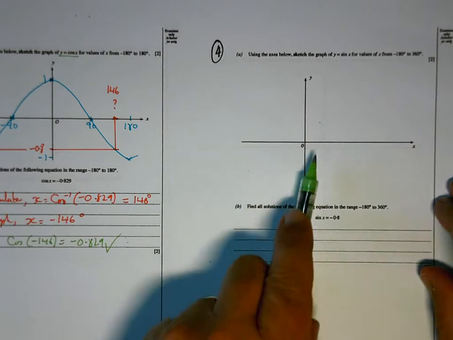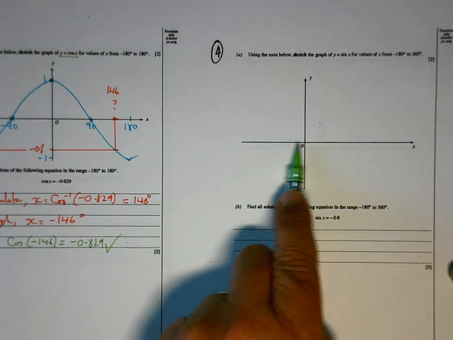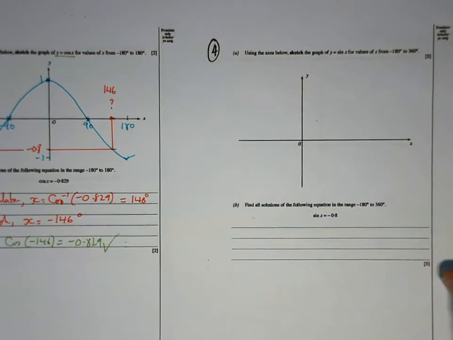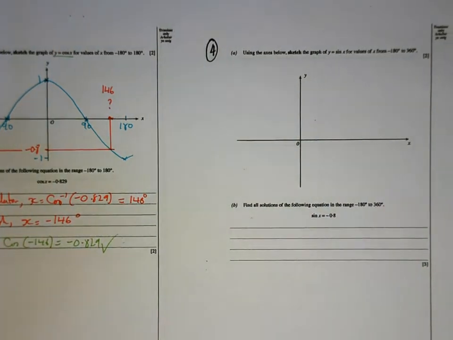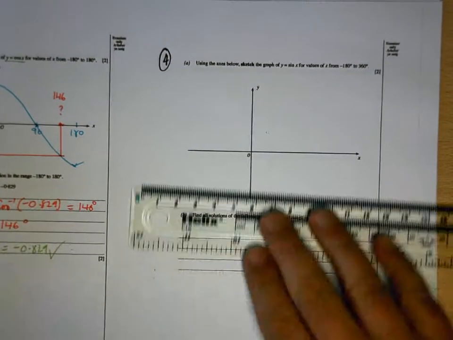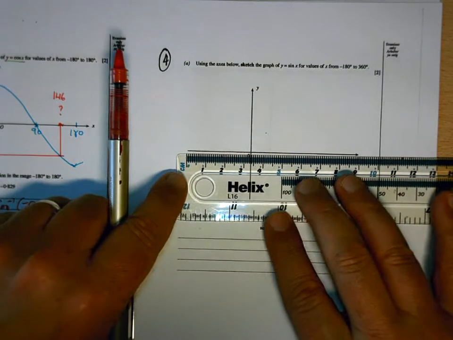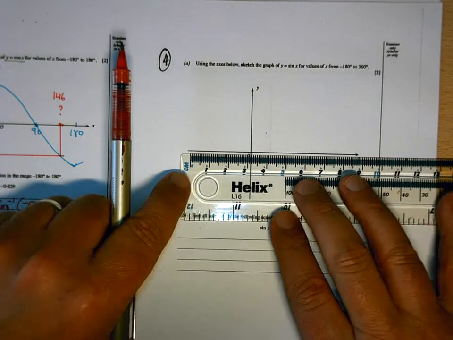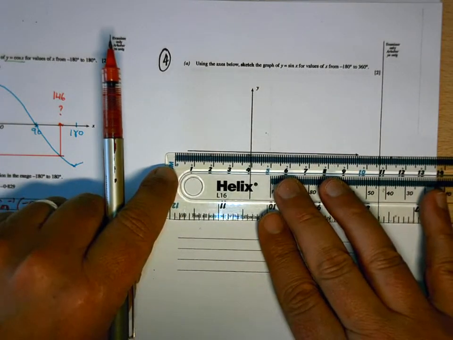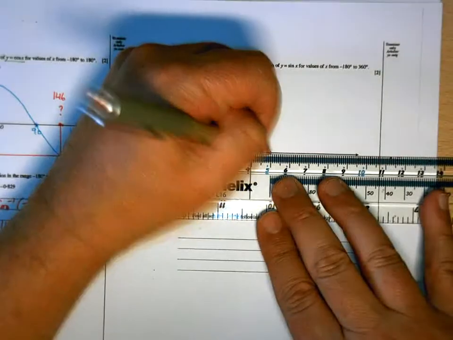Now with this one, it's a bit more work because they want us to go 4 stages that way to 360 and 2 stages this way to negative 180. So I've got a bit more of a squeeze on with this particular question. I'm not going to fit 2 centimeter jumps, so I'm going to go 1 centimeter jumps.